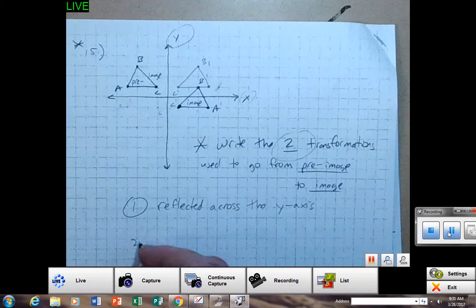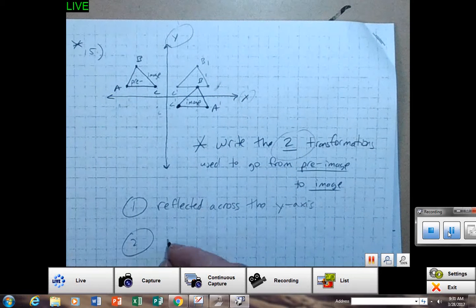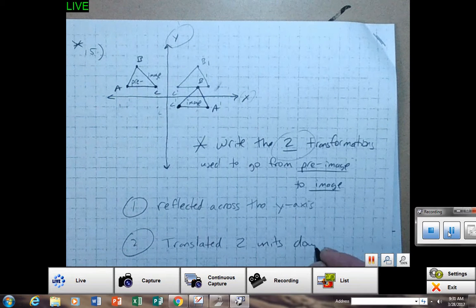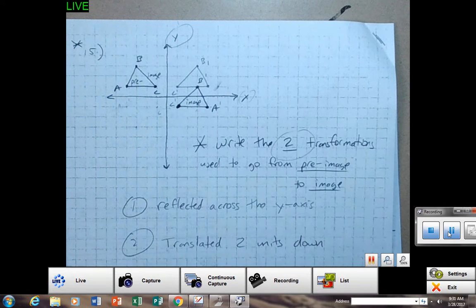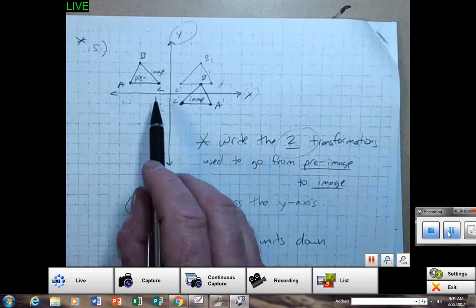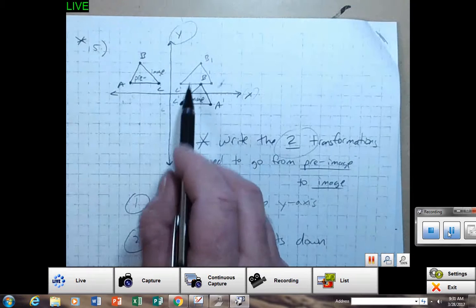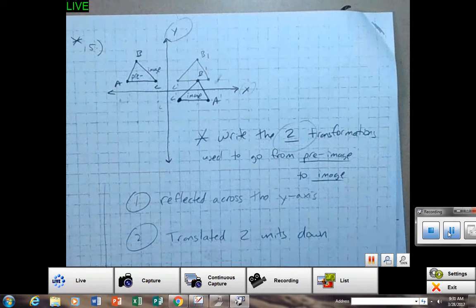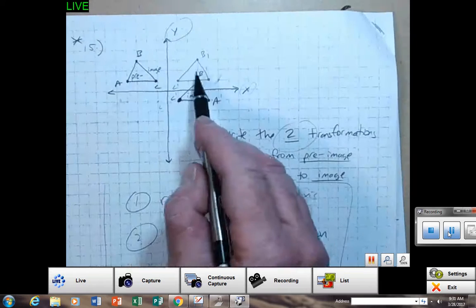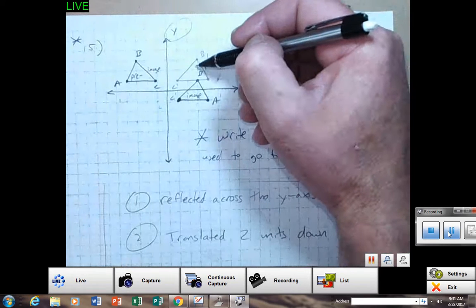My second transformation, I translated 2 units down. You could have translated it 2 units and then reflected, but I'm going to go this route right here. So reflected across the y-axis and then moved 2 down.